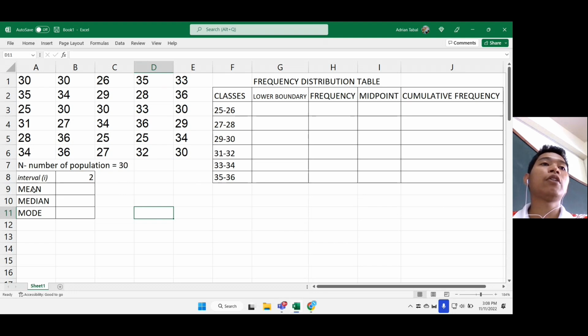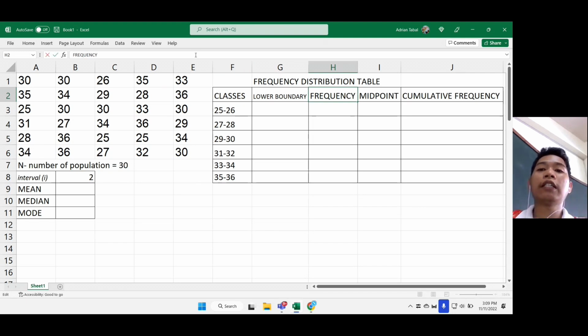Our goal is to find the value of the mean, median, and mode of the group data. The first thing that we must do is create the frequency distribution table. Under the frequency distribution table, we have the classes, lower boundary, and frequency.